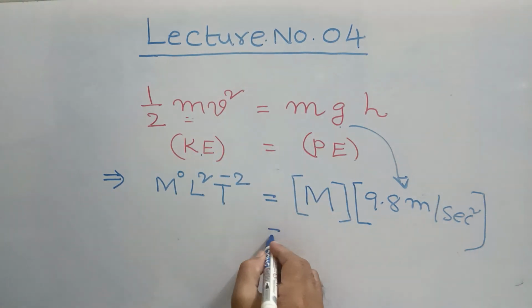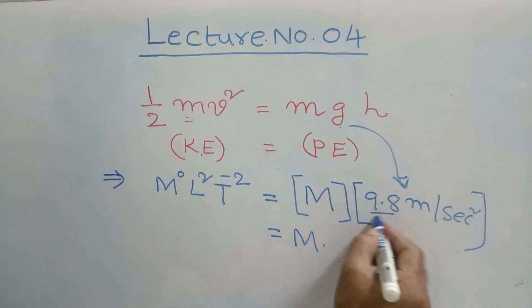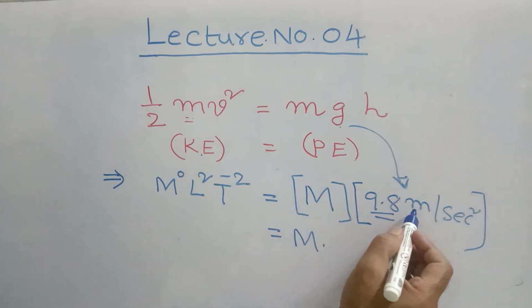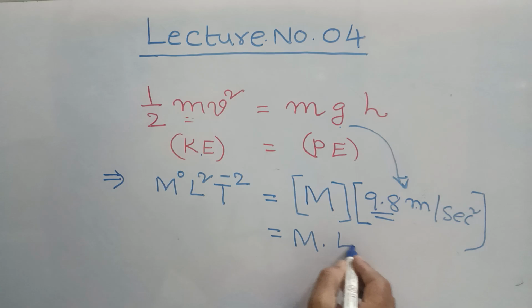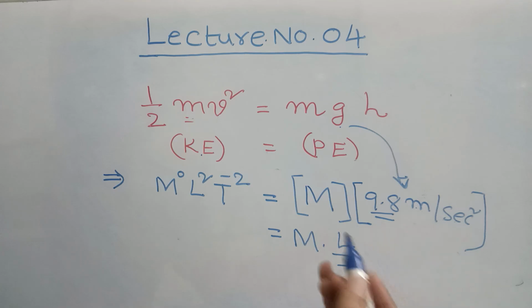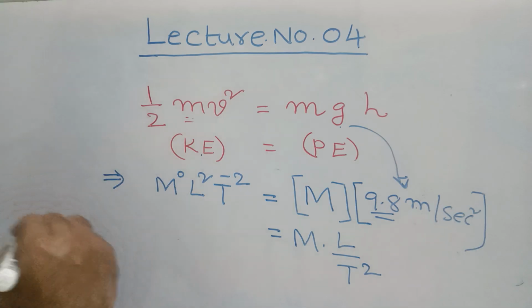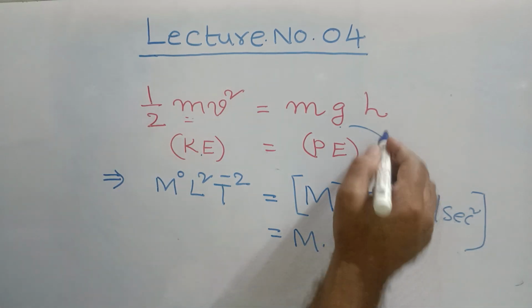Therefore, if I convert into dimension, it is M. 9.8 is the constant. Don't worry about constant. What is meter? Meter is the length, L. What is the second square? It is t square. The second is nothing but time. What is the dimension of time? T. It is square. Therefore, t square, and what is h?